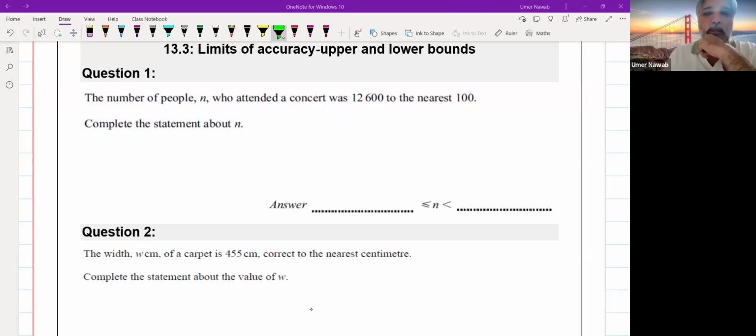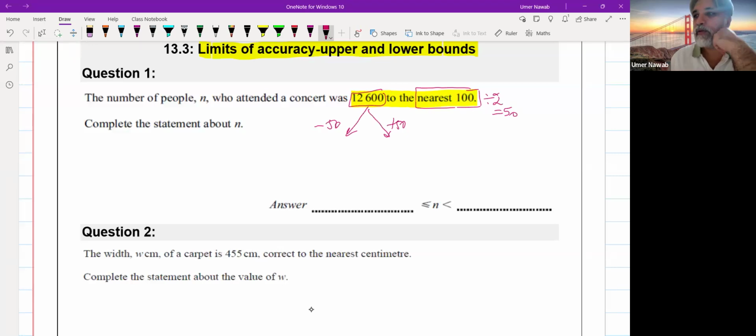So now you can see the limits of accuracy, upper and lower bound question. So 12,600 to the nearest 100. If you want to convert it to the nearest 100, the rule says that whatever the accuracy level you want, you have to divide it by 2. So 100 divided by 2 gives you 50. So I will subtract 50 and add 50 in the actual number.